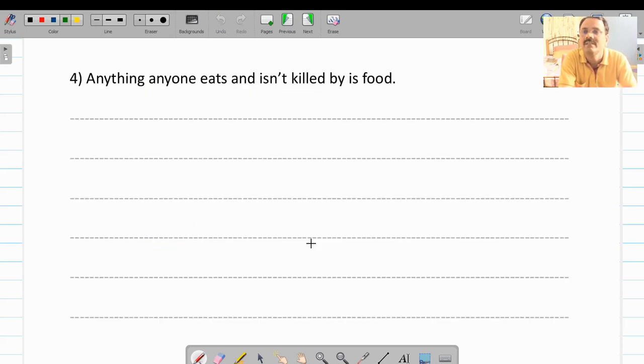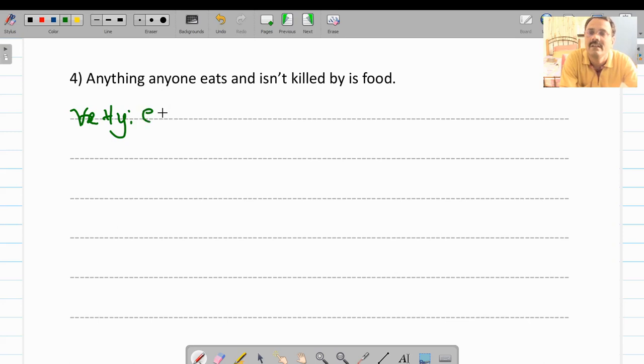Next sentence, anything anyone eats and is not killed by his food. So implication is there. If anybody eats something, then if he is alive, then it is a food. So anything anyone. So two quantifiers here. First quantifier for all x, second for all y.